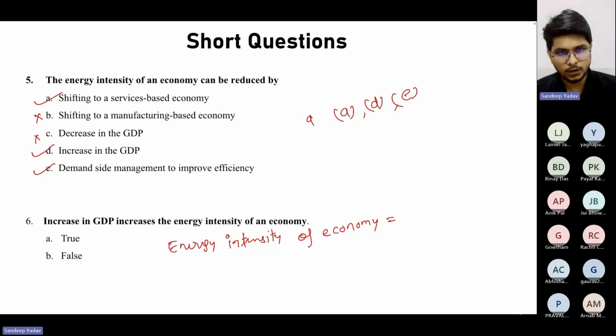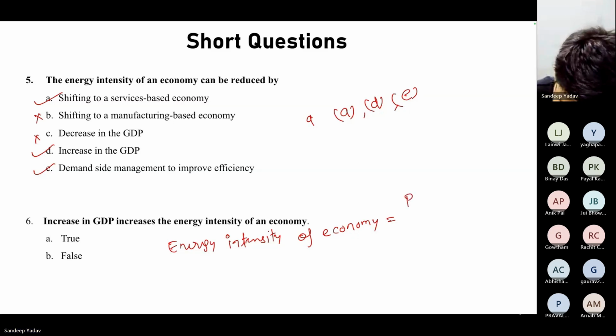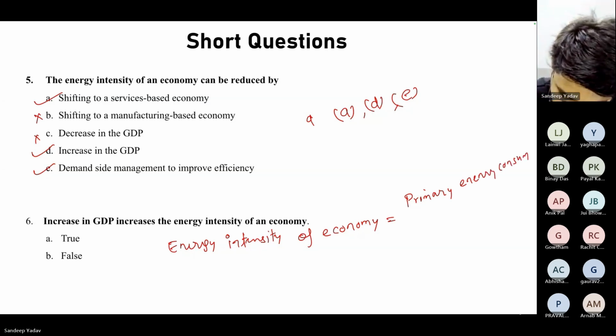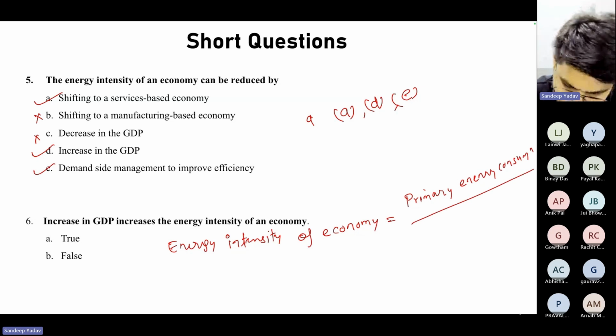So generally it is not true. I will explain how it is related. The energy intensity of an economy is the primary energy consumption divided by GDP. Suppose GDP is increasing.